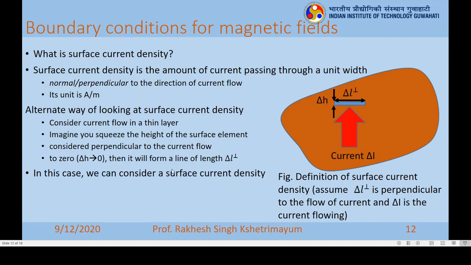So we can define surface current density now at a particular point r, and we'll denote it by Js. S here means surface. If I don't put S here, it's a volume current density. I put S just to differentiate between the volume current density and surface current density notation.